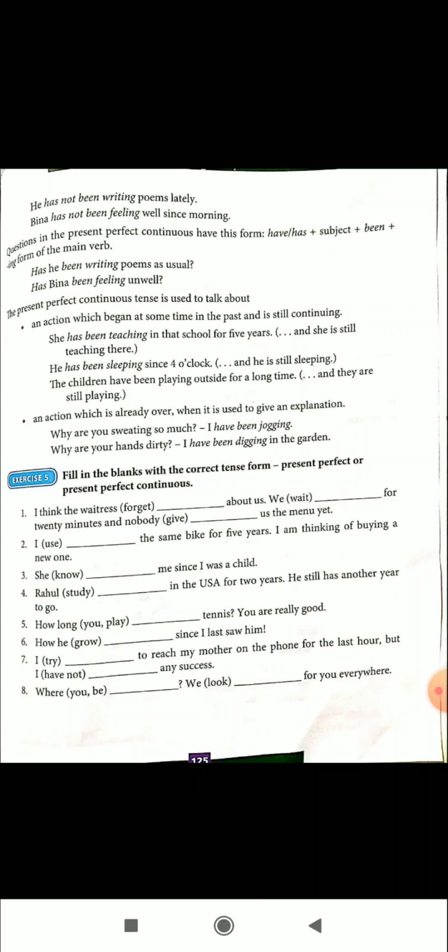Fill in the blanks with the correct form, the present perfect or present perfect continuous tense. You have to do the exercises by yourself. The PDF will be given to you. The answer key will be given to you. I am completing the present perfect continuous tense. Verb form is has or have plus been plus the ing form of the verb.